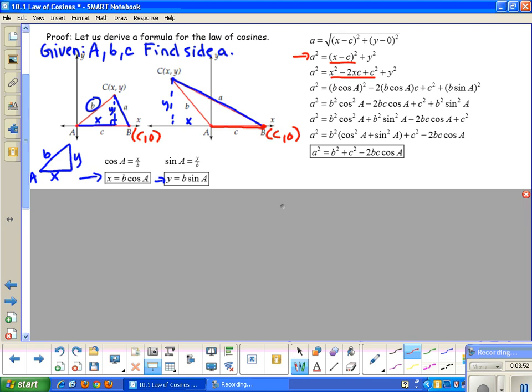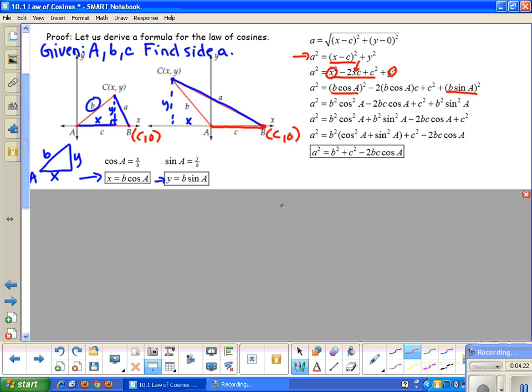So after I FOILed it, I replaced this x right here with b cosine A, and I replaced this x with the same thing, b cosine A, and then I replaced this y with b times the sine of A. Then I just distributed using my properties of exponents. So a squared equals b squared cosine squared A minus 2bc cosine A plus c squared plus b squared sine squared A. And then I did a little bit of rearranging.